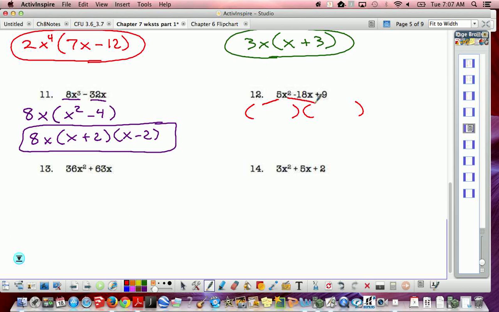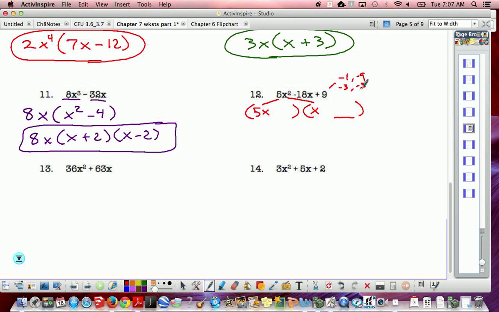So I have to think of factors of 5x squared. Well, my only choices are 5x and x. Now I have the number 9, so I have to think of factors of 9 that add up to negative 18. However, whatever I put here gets multiplied by 5x. So my first thought is my only choices really are negative 1, negative 9, negative 3, negative 3.